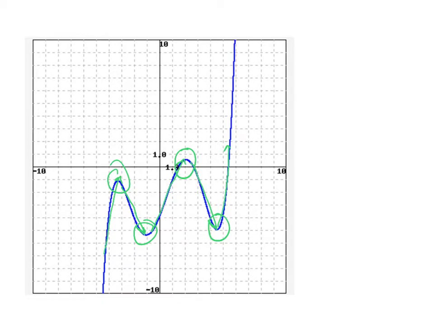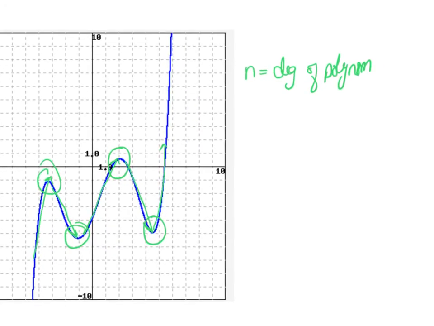The least degree has to be what? Is it 5? We know that if our polynomial is degree n, then n minus 1 is the maximum number of turning points.